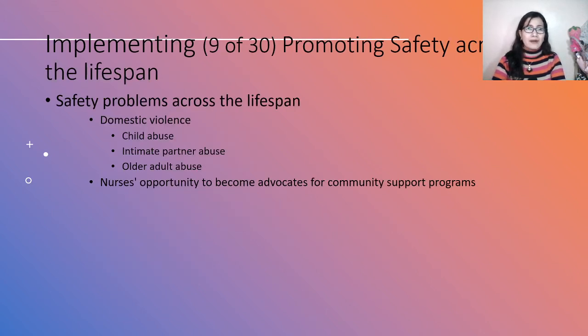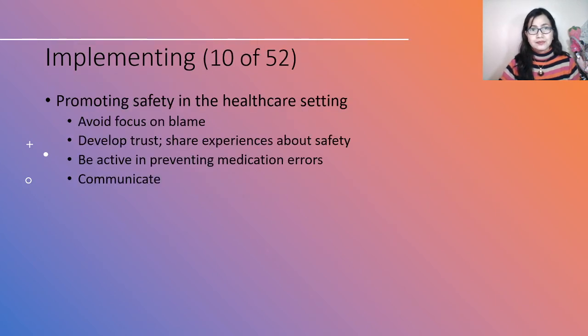Next, we have implementing safety across the lifespan, where there is domestic violence. It could affect the children, the spouse, or be older adult abuse. Nurses here become the advocate for community support programs. In the Philippines, we have the DSWD to support these kinds of violence.